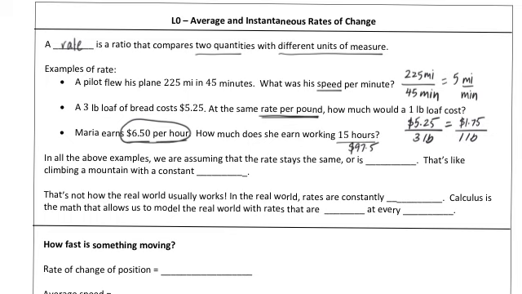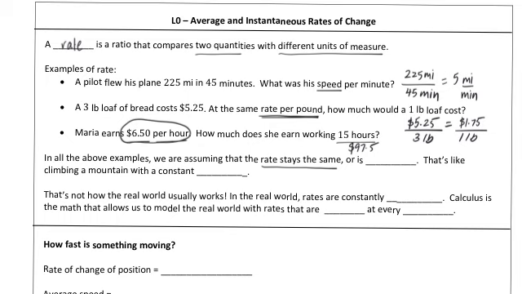And in all of these examples, you can see that we are assuming something. We're assuming that the rate stays the same. Maria earns $6.50 for the first hour and the second hour and the third hour. And if she were to work half an hour, then she would earn $3.25, right? So we're assuming that this rate stays constant the whole time. The pilot is assumed in this example to be flying at the same rate throughout the 45 minutes.